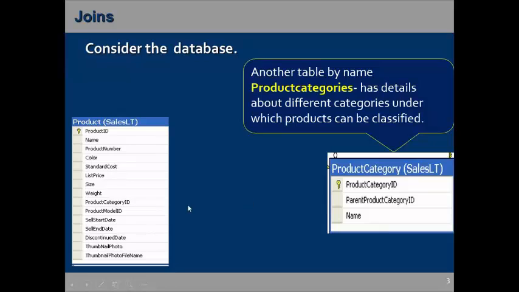Can we join product and product category? Name. Name is not the common column. See, this is actually the name of the product.